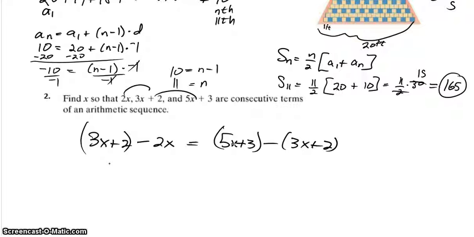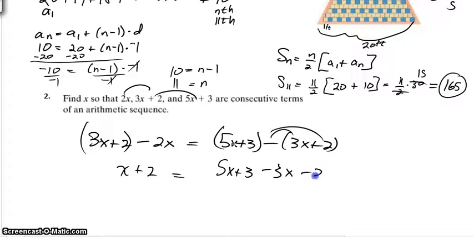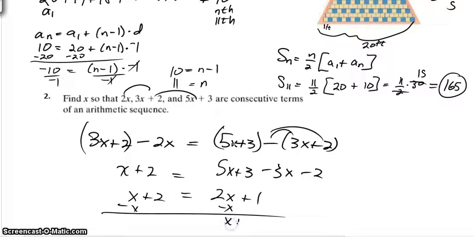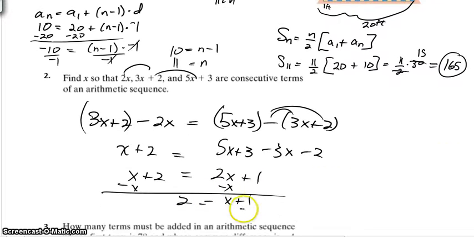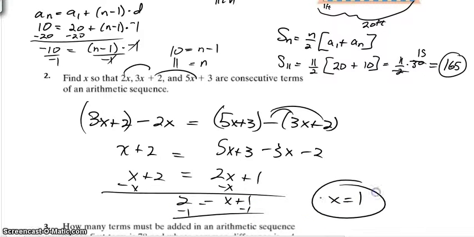Now it becomes a very simplistic equation to solve. 3x minus 2x is a 1x. Hey, we better distribute that negative and clean this up. This right-hand side becomes 2x plus a 1. Maybe minus an x from both sides. Got x plus 1. And now we can subtract a 1 and very quickly see that x equals 1.